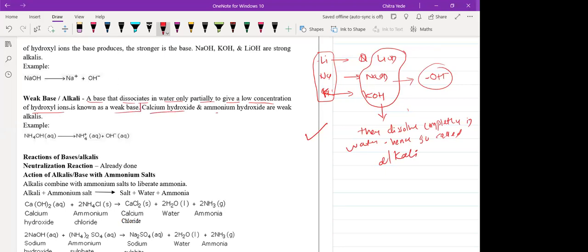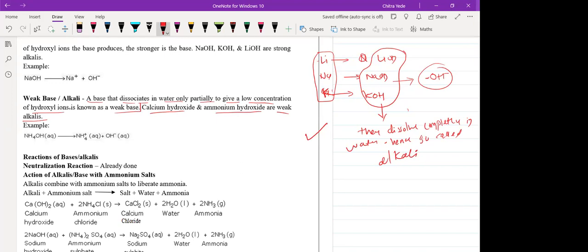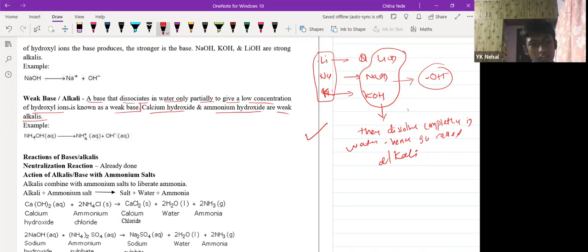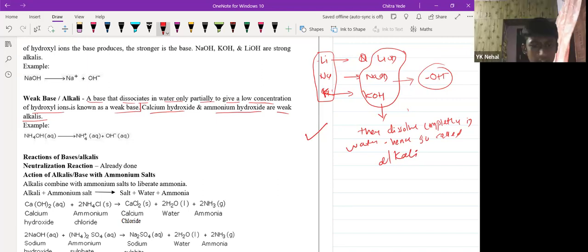Calcium hydroxide and ammonium hydroxide are weak alkalis. They are also alkali, but weak alkali. Sir, dissociation means to break down.